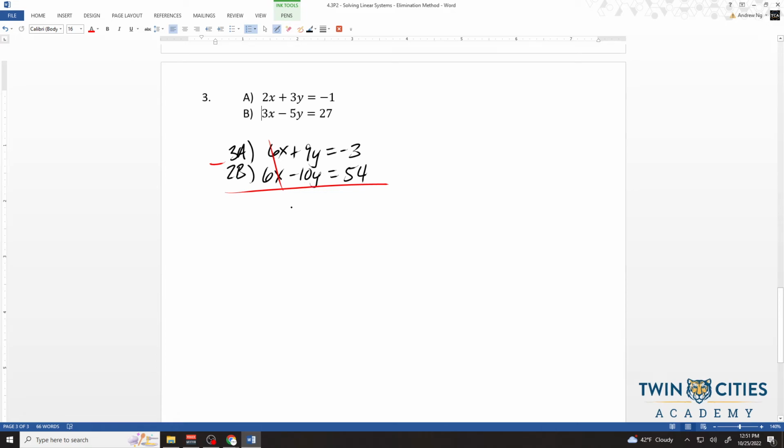That's going to make positive 19y equals negative 3 minus 54 is negative 57. Divide both sides by 19. Y equals negative 57 divided by 19 is negative 3.